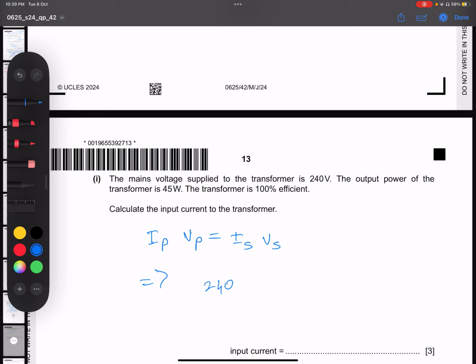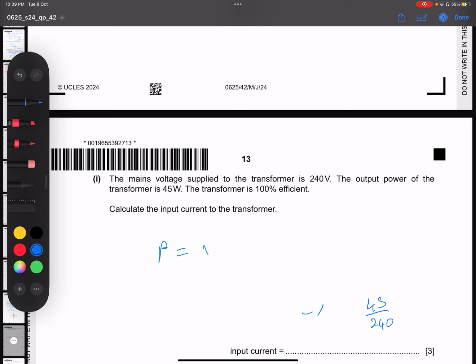So the output power of the transformer would equal the input power. So 240 times some IP would equal 45. So that means IP is just 45 divided by 240.